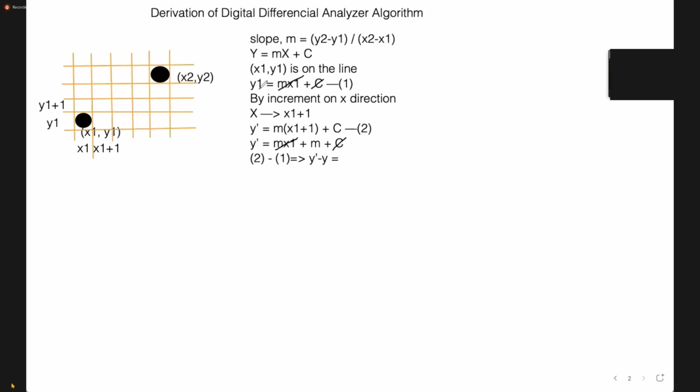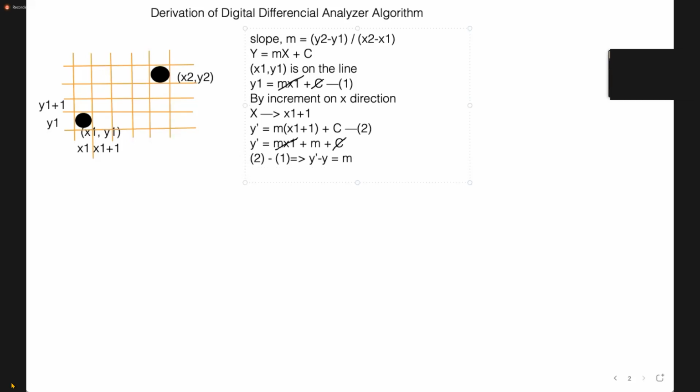What is remaining: y dash minus y equals m.